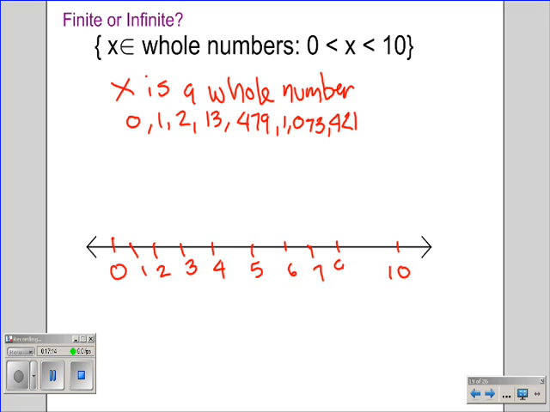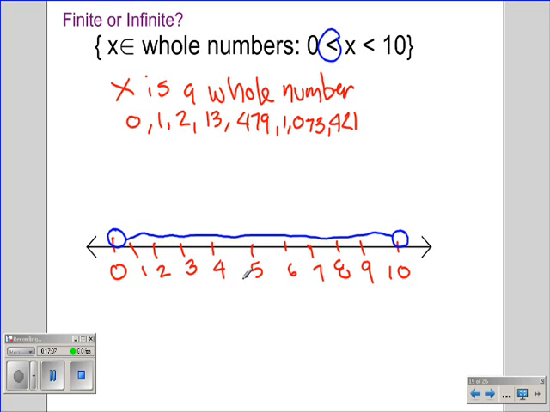Let me just complete my number line here. If I'm going to plot this on my number line, this symbol right here is telling me I'm going to have an open circle at 0 and 10, and x is actually all the whole numbers in between there.